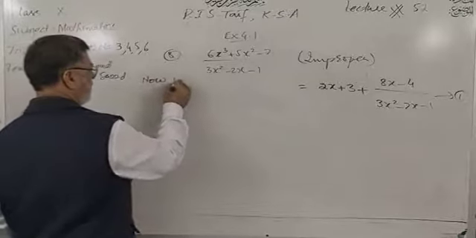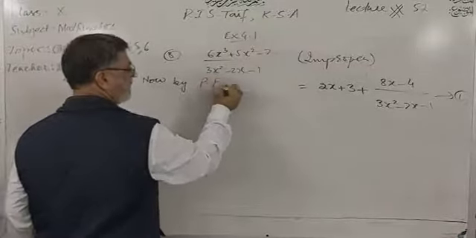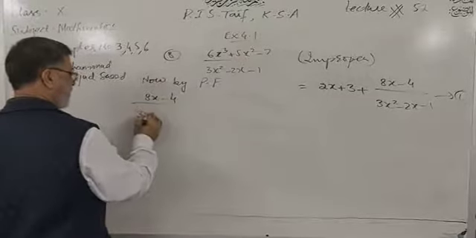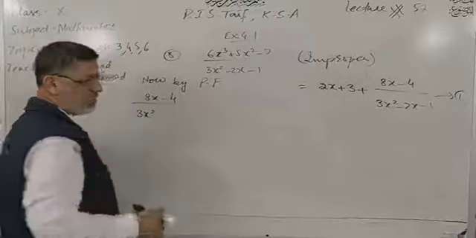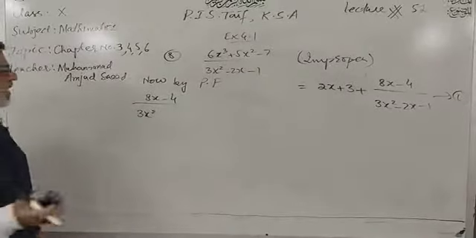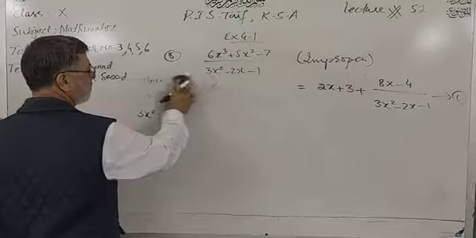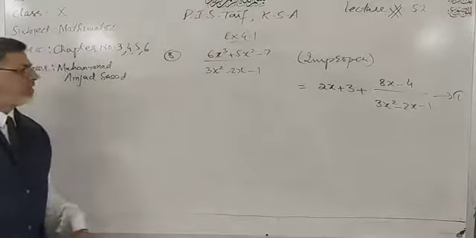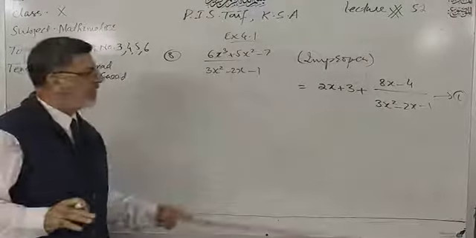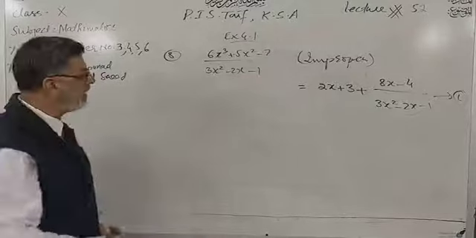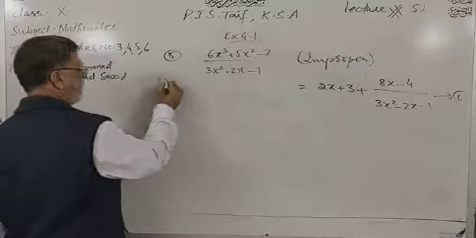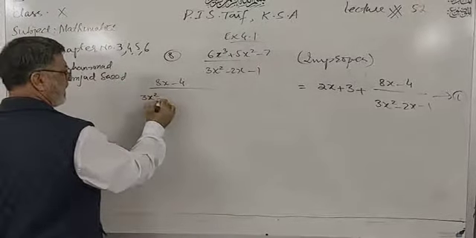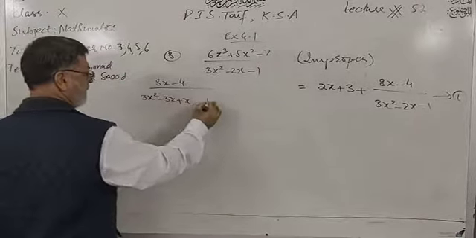Now, by partial fraction, 8x minus 4 over 3x square. No, not partial fraction. First of all, we have to write down the pairs. That will be 3 1 3, and you can write down 8x minus 4 over 3x square minus 3x plus x minus 1.